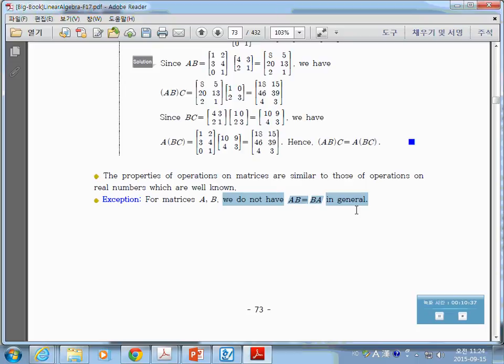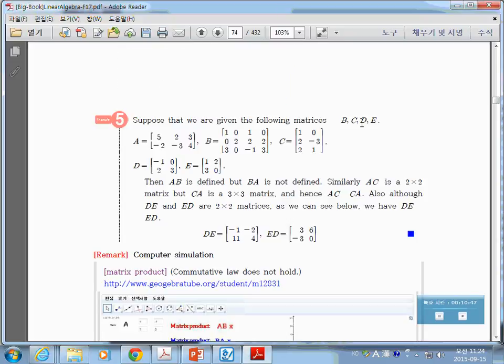Real numbers are commutative under the product, but matrices are not commutative under the matrix product. AB is not always the same as BA. As you see in this example, here we found AB and we found BA, but those are not the same. Also, for the matrices D and E, if you find DE and ED, are they the same or not?